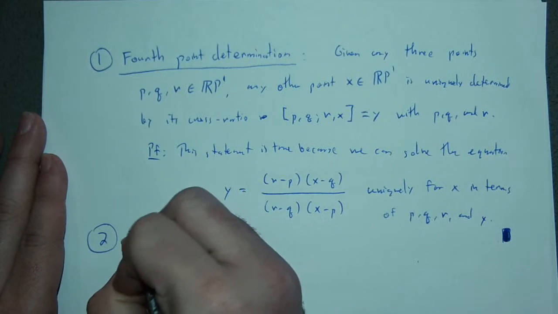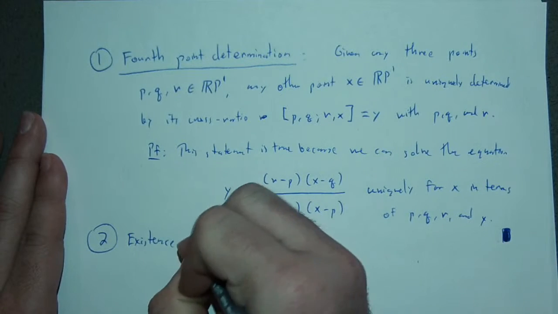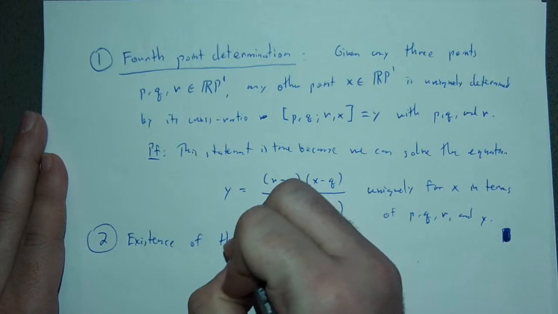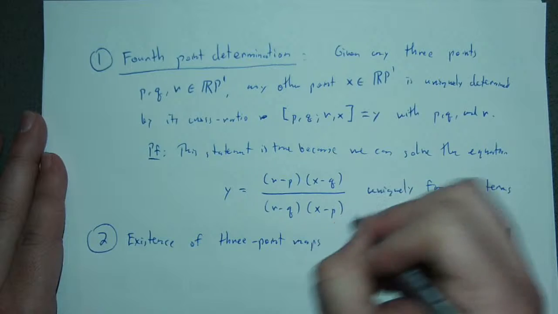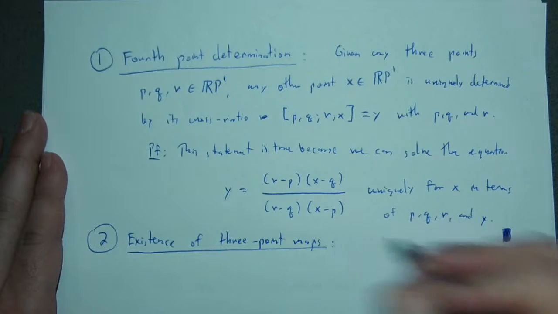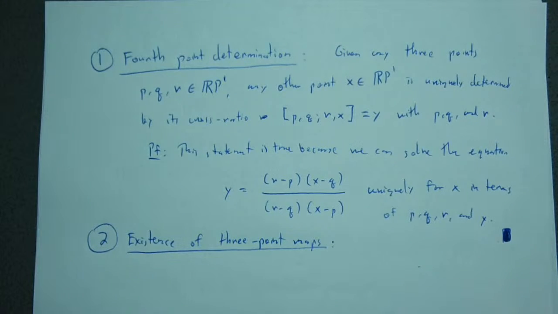And so this is the existence of three-point maps. What is a three-point map? A three-point map is a transformation that maps 3 points in RP1 to any other 3 points you like.